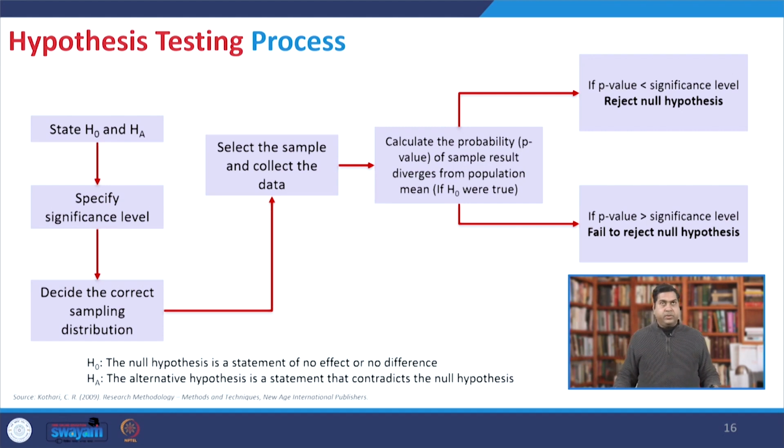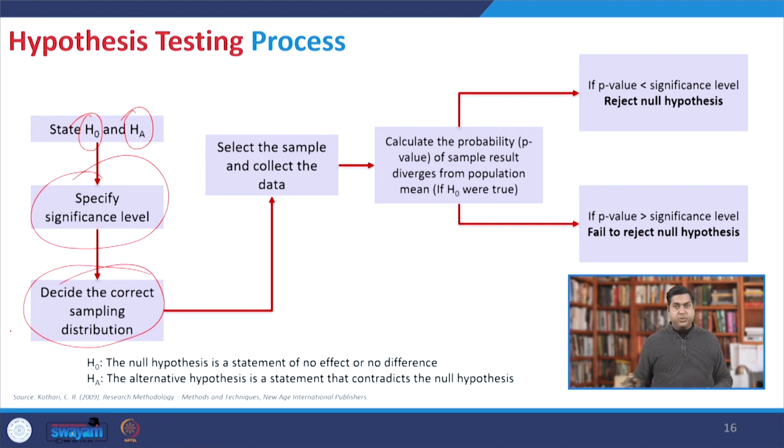Hypothesis testing procedure: first you have to state the null hypothesis, represented by H0, and then the alternative, which you can write as HA, but it can be alternatives in any number. If it is one alternative, H1; if there are many, H1, H2, etc. Specify the significance level, then decide the correct sampling distribution so that you can take the right test, whether it is normal distribution or t distribution.